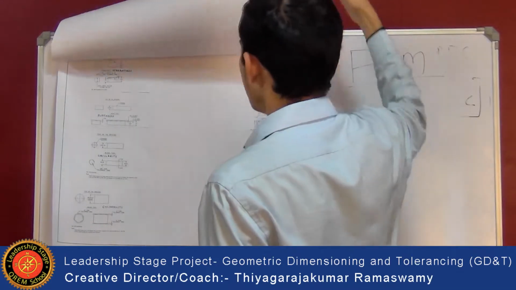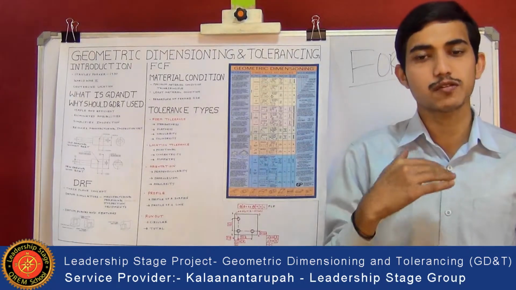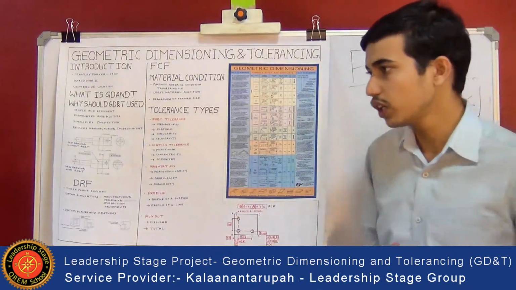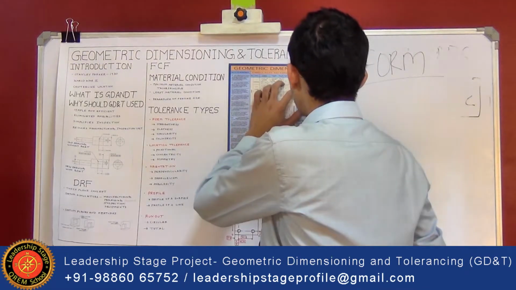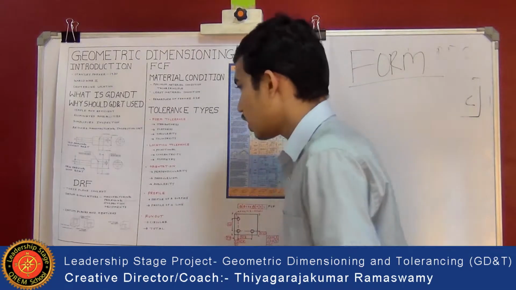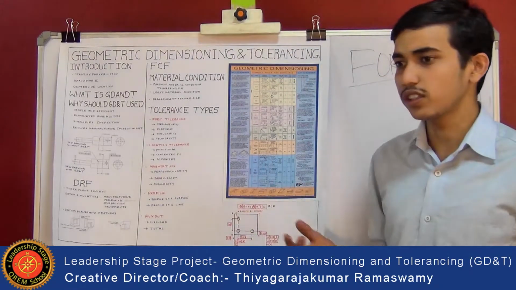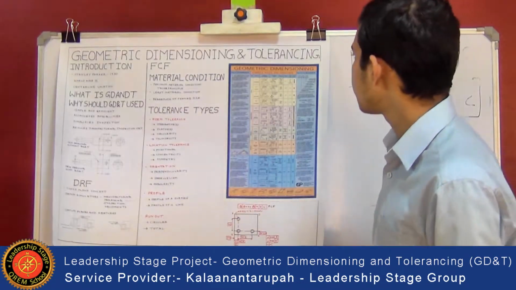Then flatness. Flatness controls the flatness of a surface from highest point to lowest point. In flatness, it comes under the type of tolerance zone that is nothing but parallel planes. The tolerance zone for this is parallel planes with any type of orientation.